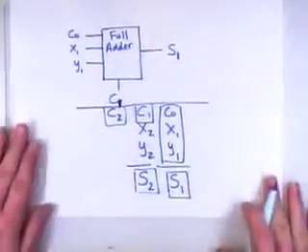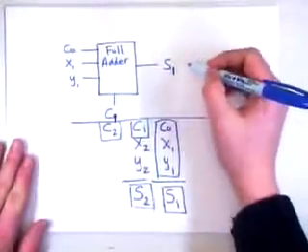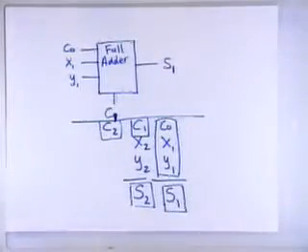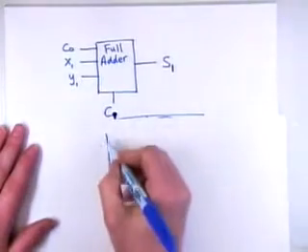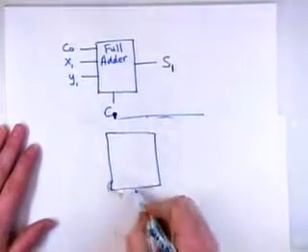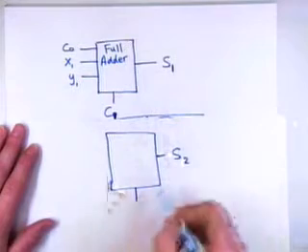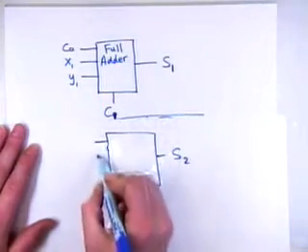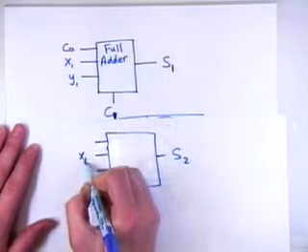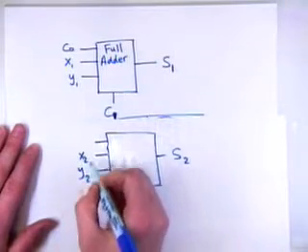So if I draw another adder here, I know that my outputs are going to be S2 and C2, and I need to put X2 and Y2 here.